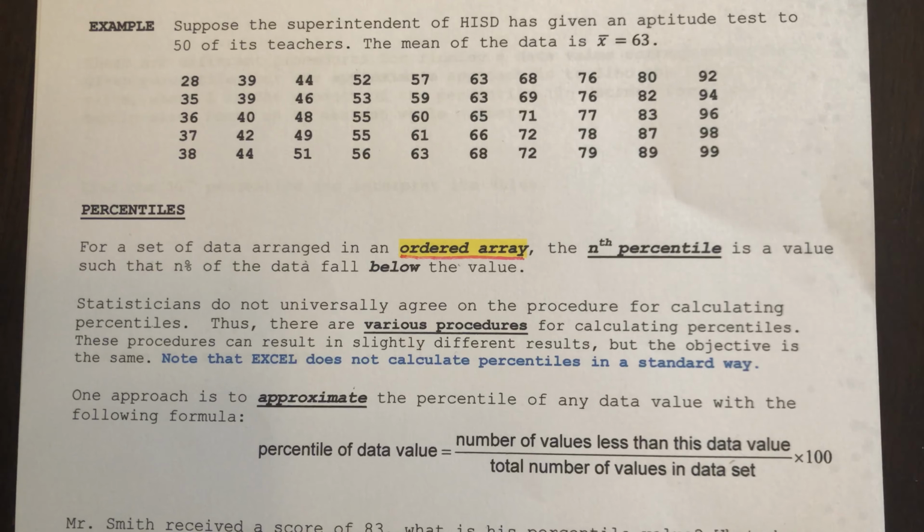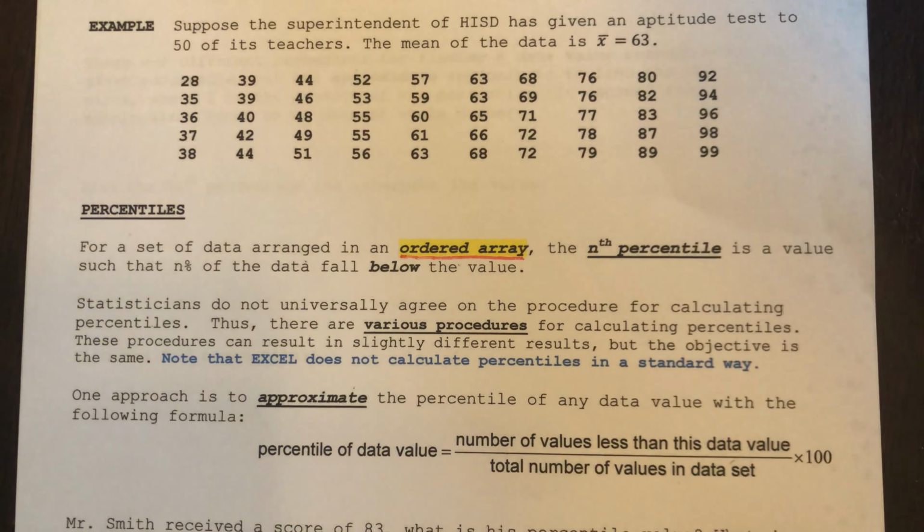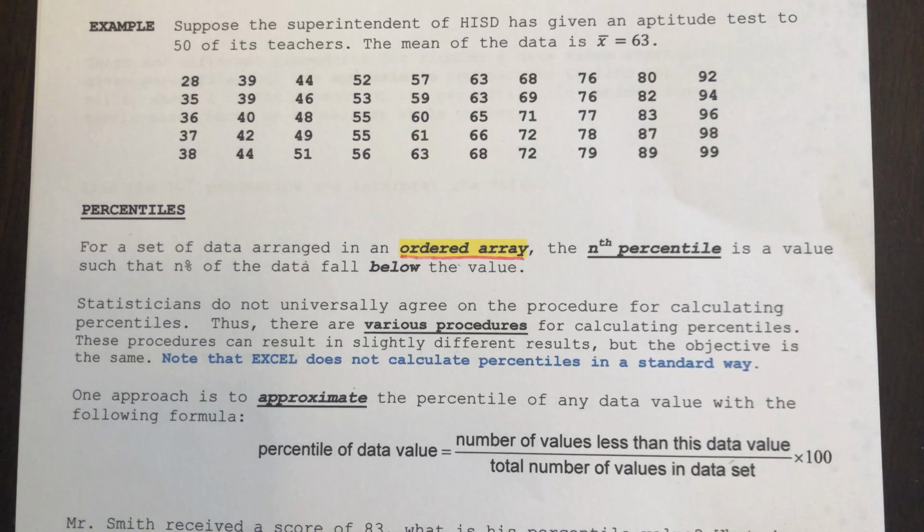It turns out that statisticians don't universally agree on the procedure for calculating percentiles. There are various procedures. In fact, I've never figured out what Excel does, but it doesn't really matter. Whatever procedure you use, you'll get to approximately the same place.